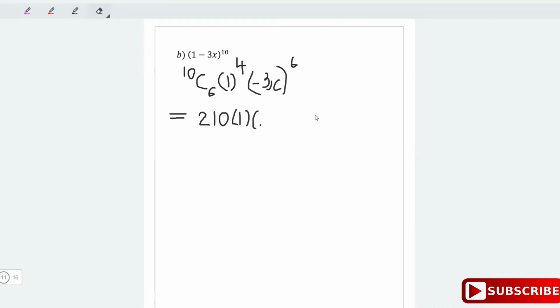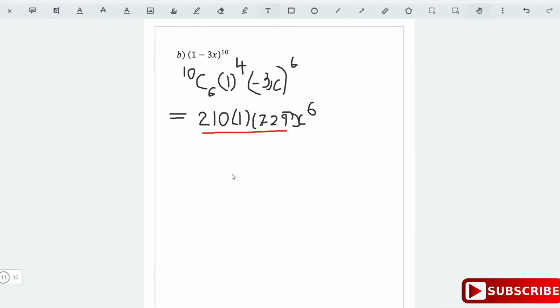Let me check that again. Minus 3 to the 6 is 729. So when we multiply all of this, 210 times 729, remember the x to the 6 part. And so the coefficient of x to the 6 will just be the number that you get.